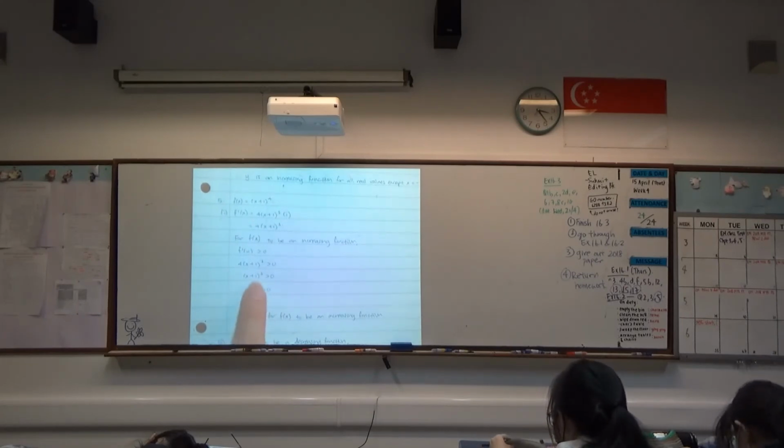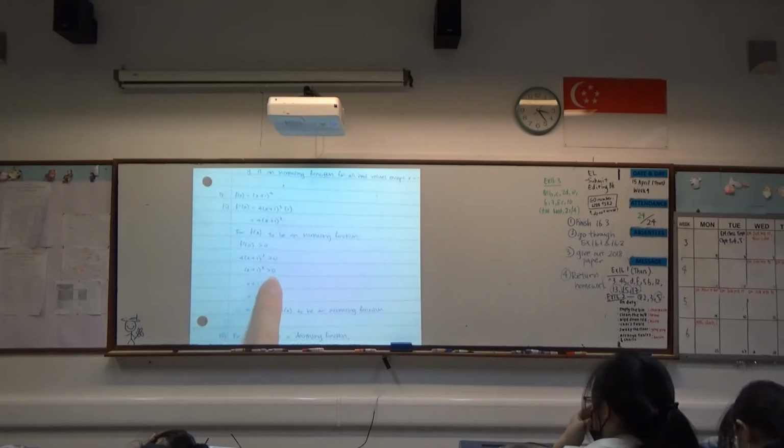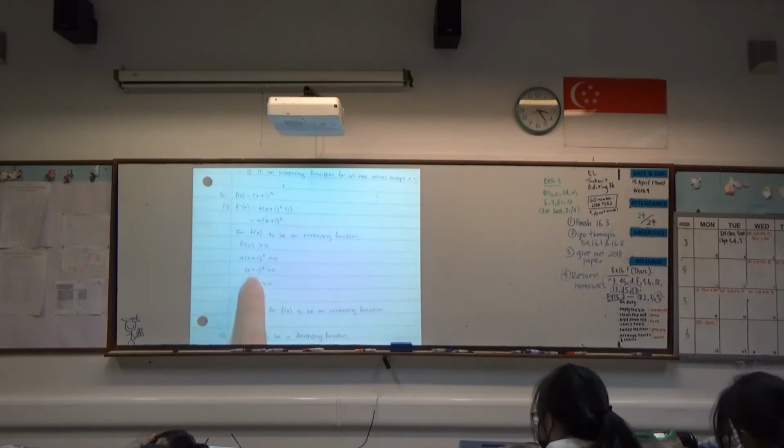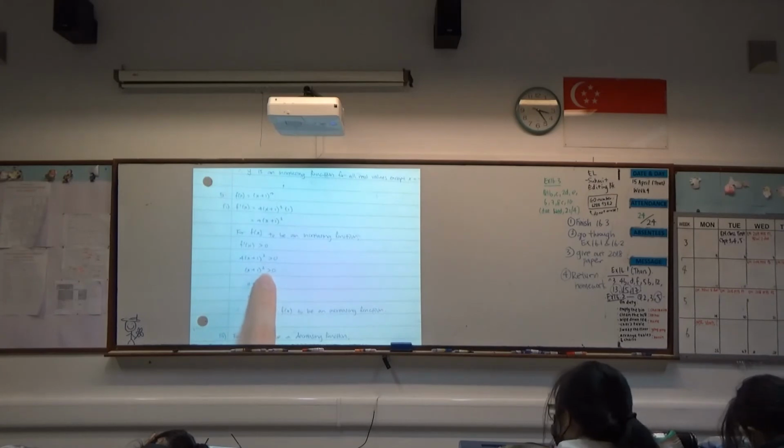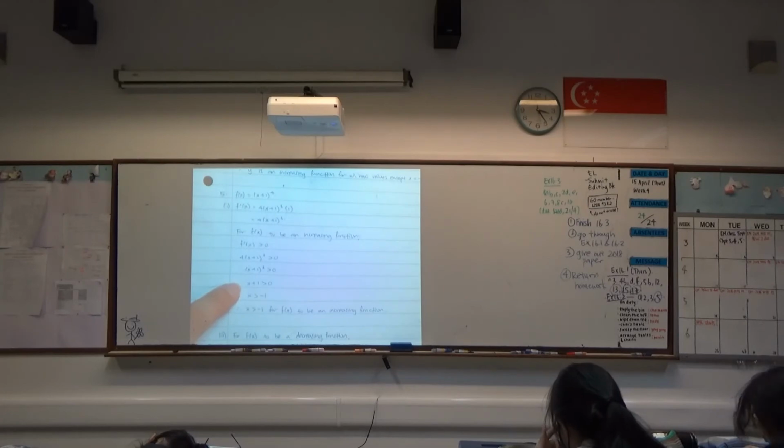Then for this cube to be more than 0, the x plus 1 must be more than 0. If it is less than 0, then the cube of it will be negative. So it is a logical deduction instead of algebraic manipulation of any sort to progress from this step to this step. It is not about taking the cube root, it is about a logical deduction.